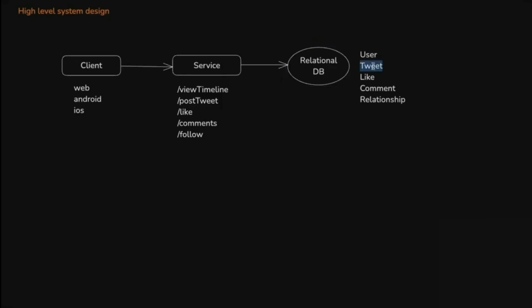So if they are following thousands of users, so if we are performing a join query operation into a single instance of the database, will not be able to meet the SLA when we are getting thousands of requests per second while querying the join operation for the entire table.